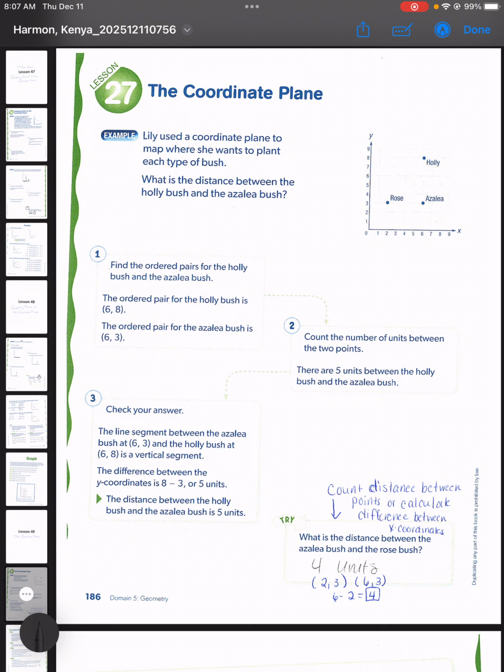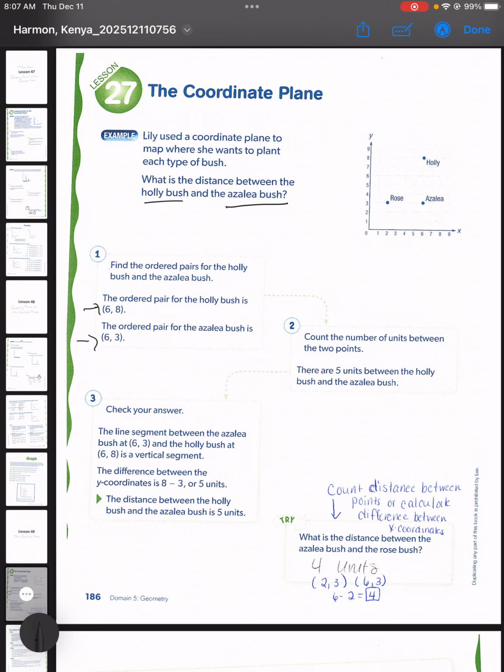Their first step is to always know the ordered pair. So we want to calculate the distance between the holly bush and the azalea bush. So the first thing they need to do is identify the ordered pair for both, which is 6, 8, and 6, 3. Then they are going to count the units between those 2 points.